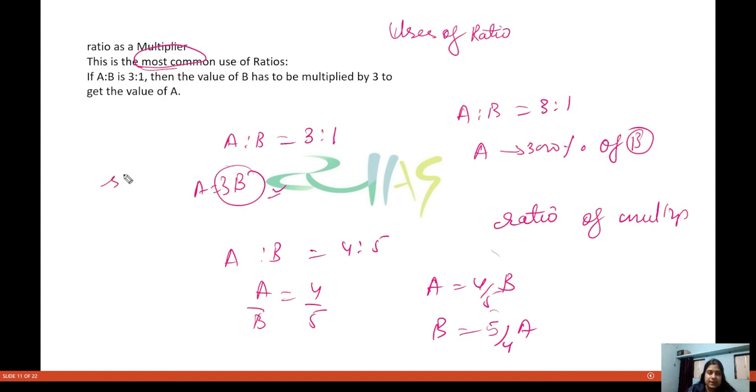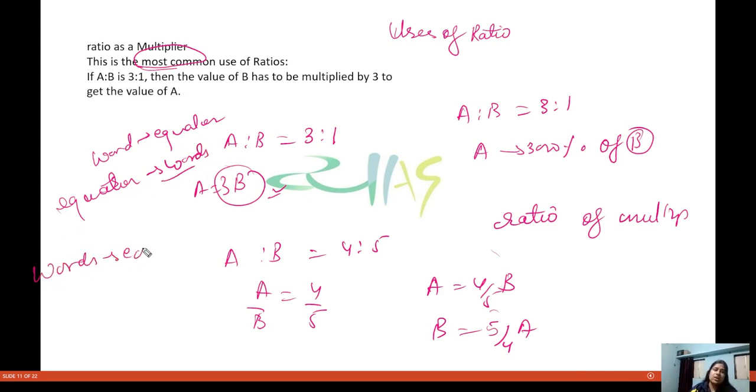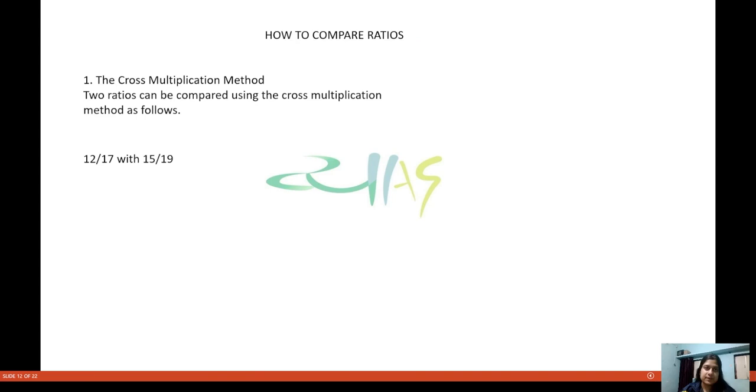If you can interpret words in the form of equations, and if you can express your equations in the form of words, then you can understand everything. So I hope you are clear with this thing. Okay, fine, let's move forward.